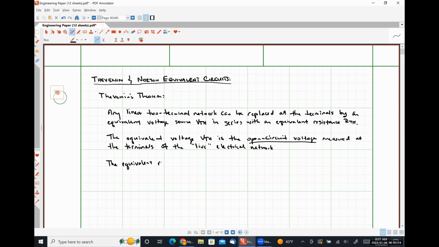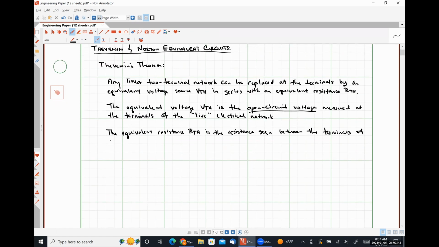The equivalent resistance, RTH, is the resistance seen between the terminals of the dead electrical network, where a dead network is one in which all of our independent sources are turned off.